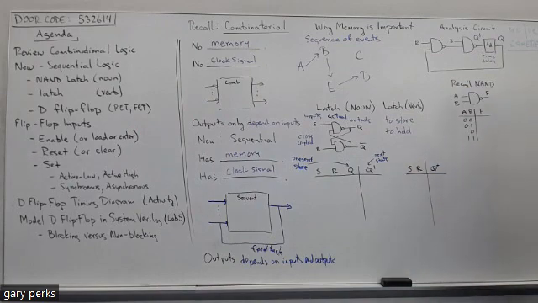Q is what the output is now, and Q plus is what the output is going to be.